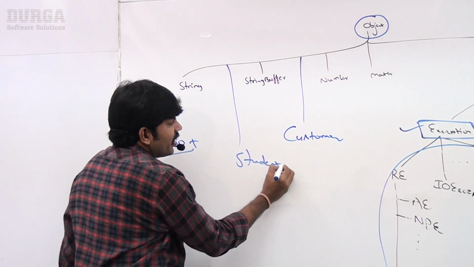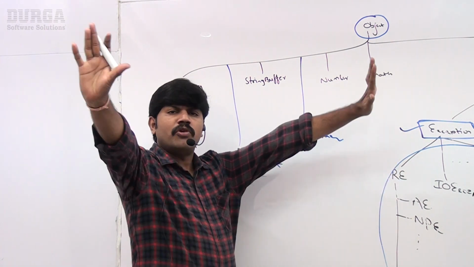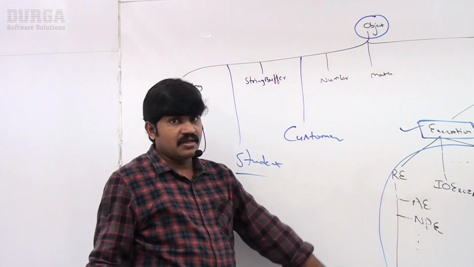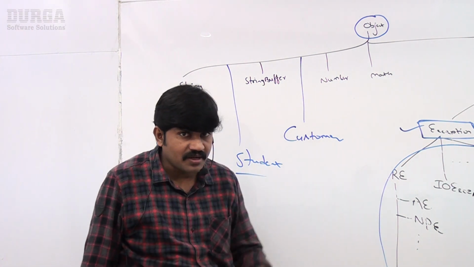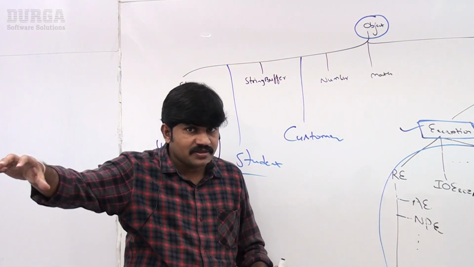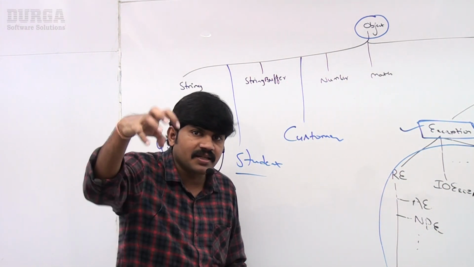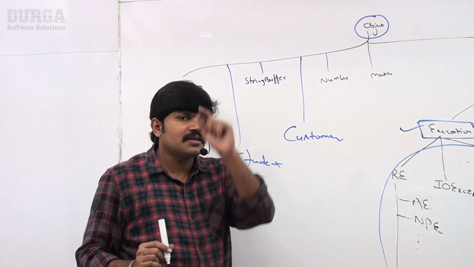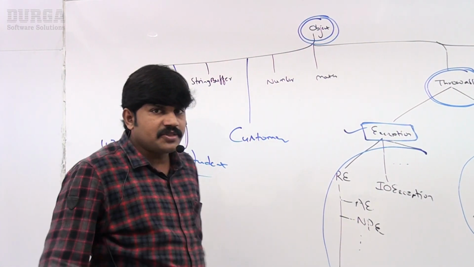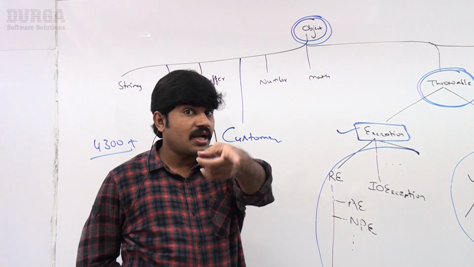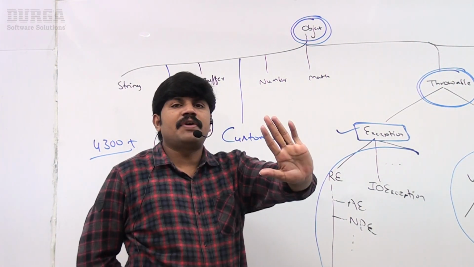Now, for any Java class, the most commonly required methods are defined inside a separate class. That separate class is nothing but the Object class. Remember that, the Object class contains the most commonly required methods which are applicable for any Java object.